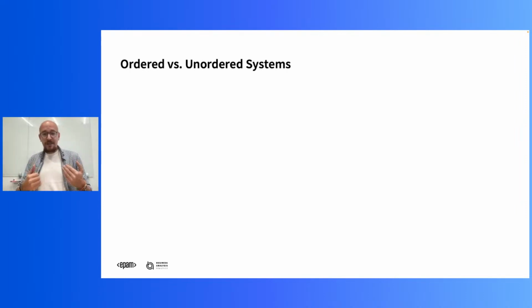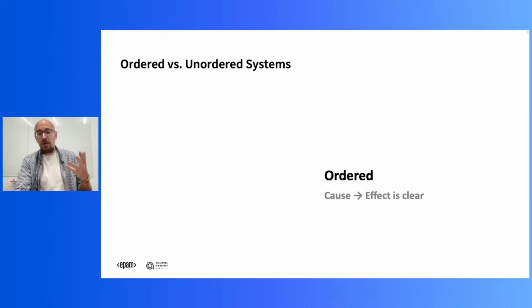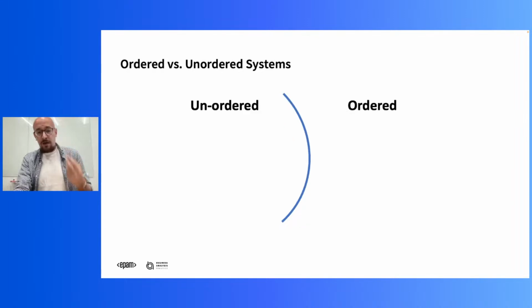This is not always the case, and we need to acknowledge that sometimes there are systems in which we can determine cause and effect, and we call these systems ordered. And there are systems in which we cannot determine the causality, so we call them unordered systems. Now, in an ordered system, they are highly constrained.